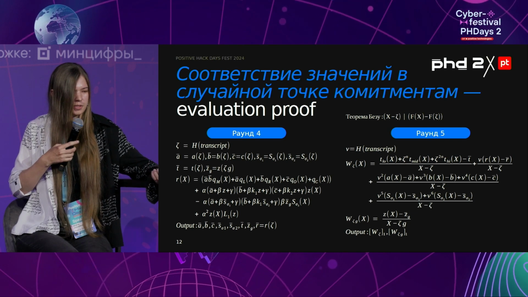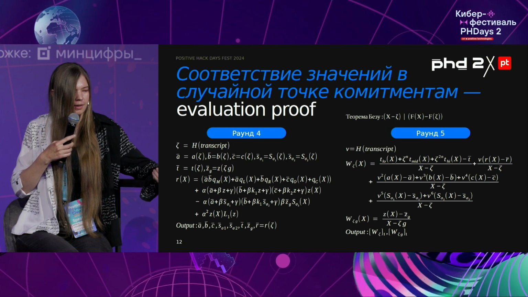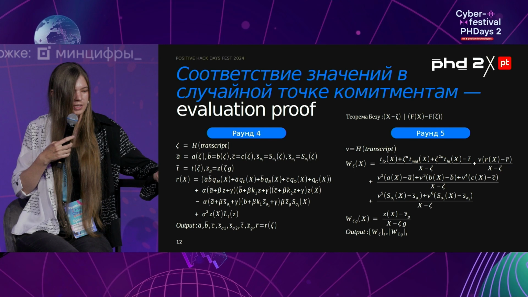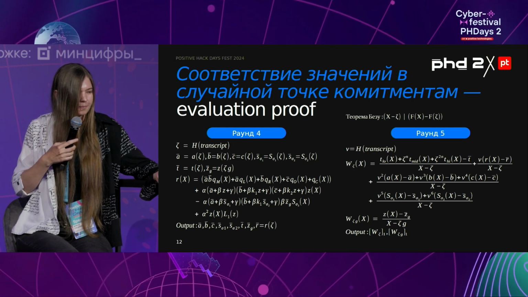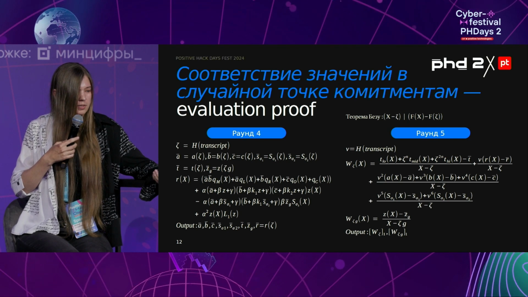So therefore, we need to provide them a chance to somehow very easily check that all of these values were formed in a proper way.